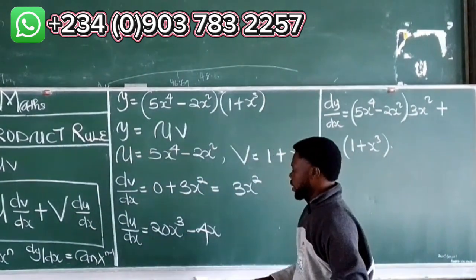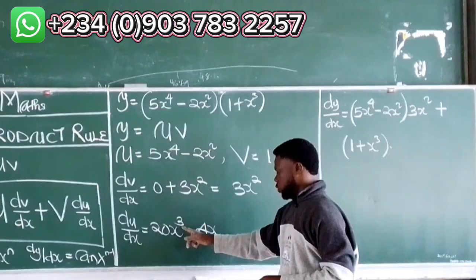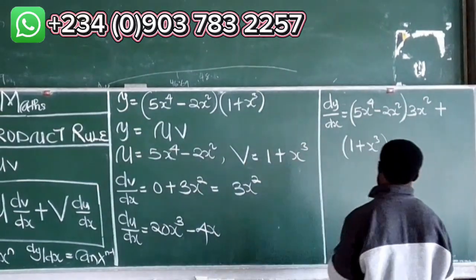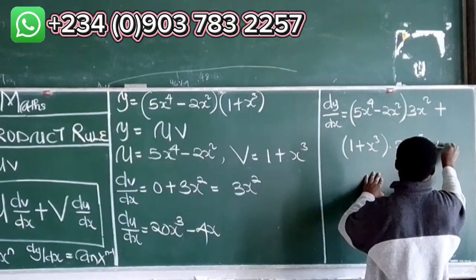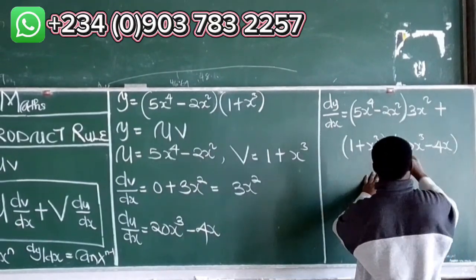And du over dx is 20x cubed minus 4x, in bracket.